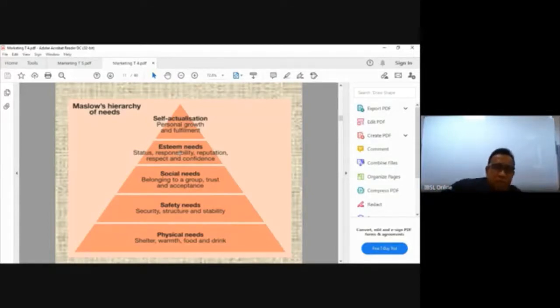You like to shoulder responsibility, and you want to be more confident about yourself, right? And then the final level of the needs hierarchy is self-actualization, according to Maslow. He said that is the highest level of personal growth and fulfillment of needs of a person, right?